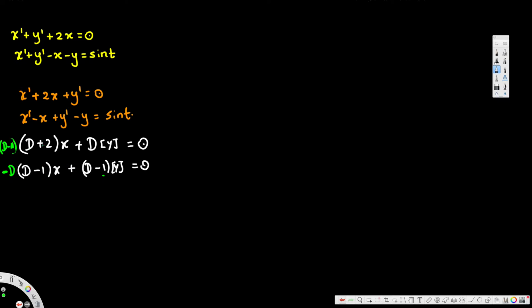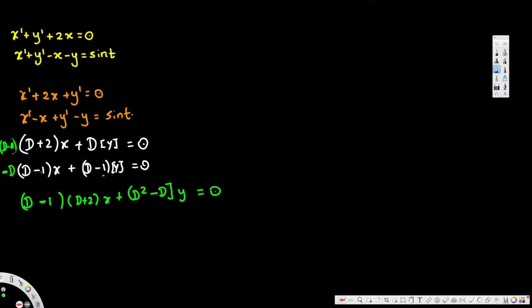So D minus 1 times D plus 2, let's keep the first term as it is: D minus 1, D plus 2 times x, and then plus D minus 1 times D, let's multiply together, D squared minus D times y is equal to 0.